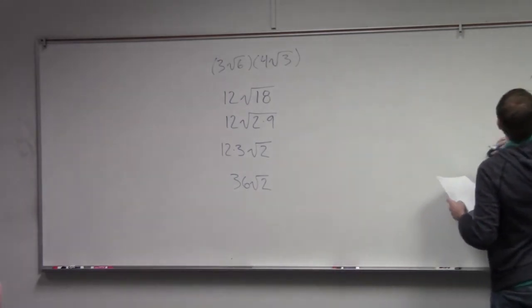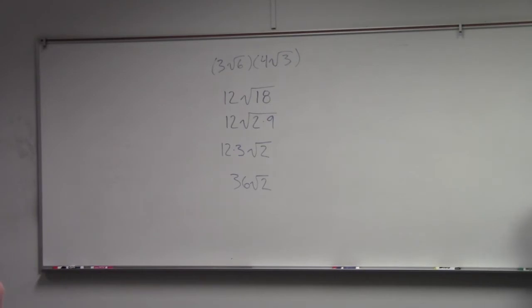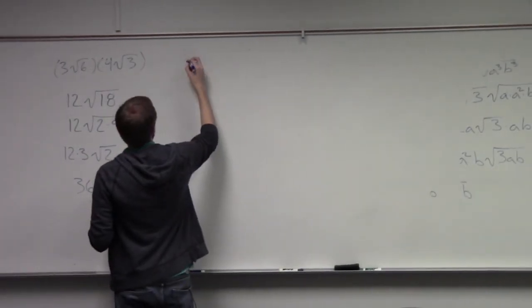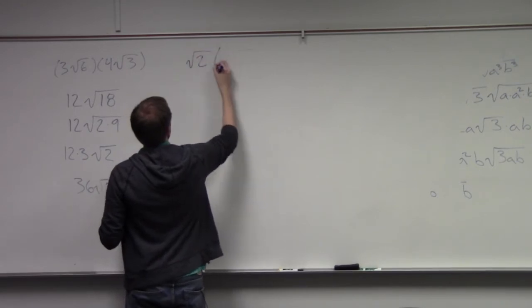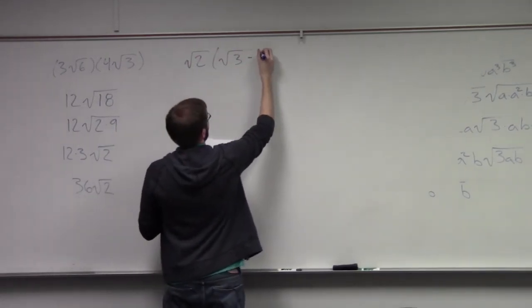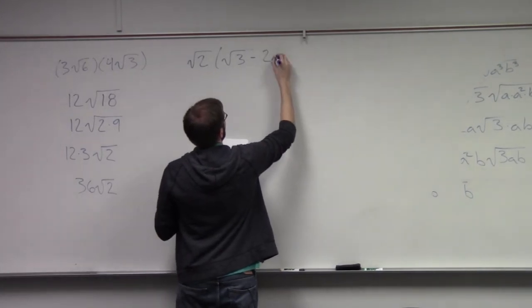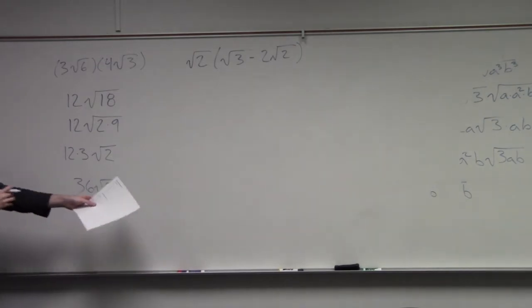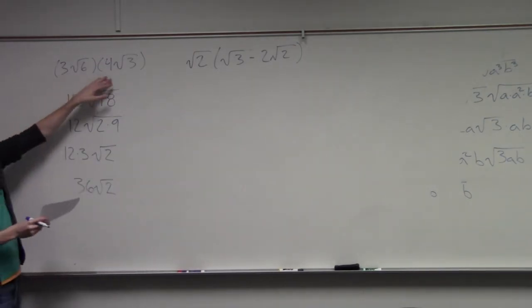So let's make some room. Now we have the square root of 2 times the square root of 3 minus 2 square root of 2. Here we just multiplied 2 numbers.